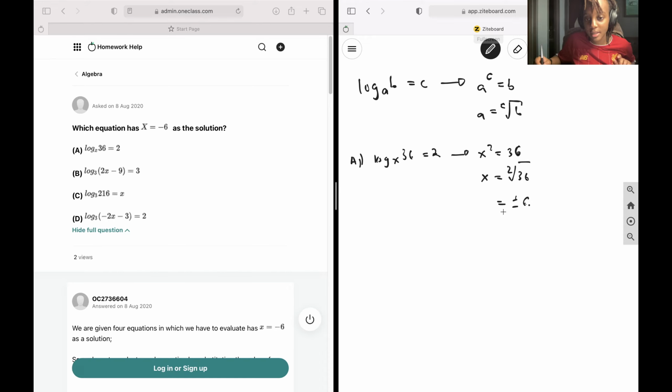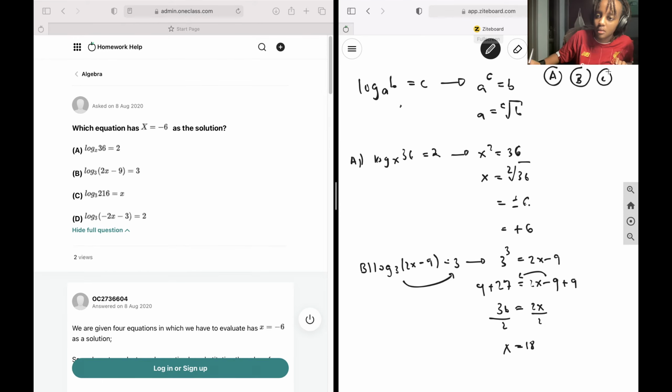Let's just isolate for x, add 9 to both sides. So 36 is equal to 2x. Divide out the 2, and so we get x is equal to 18. So we know it's not A and it's not B.